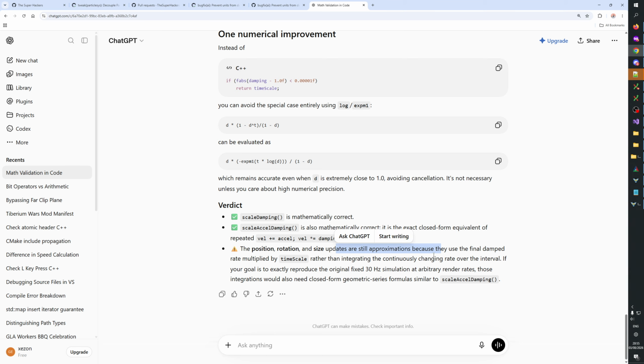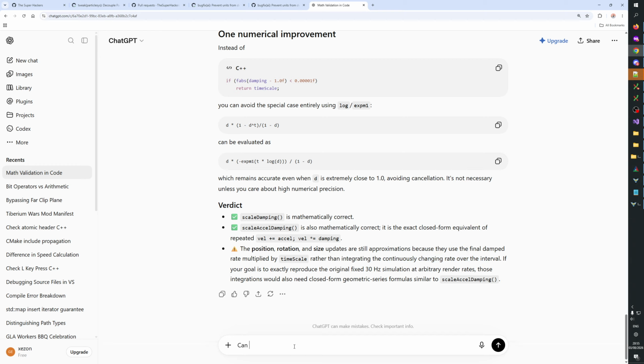Still approximations. Integrating the continuously changing rate over the interval. Those integrations would also need closed form geometric series formulas.